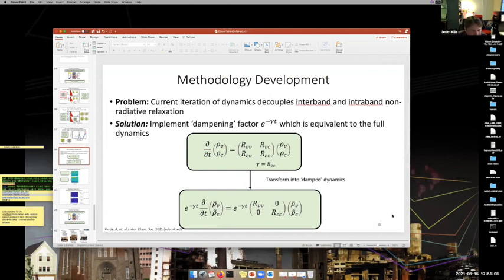Next question by Levi. How does your damping of occupation relate to experiment? Can you say that your damping function is physical or arbitrary? Could these methods be used for other materials, or would you have to fit to experimental data?